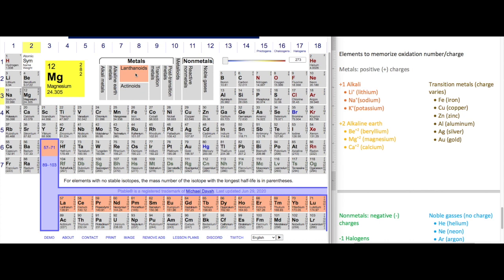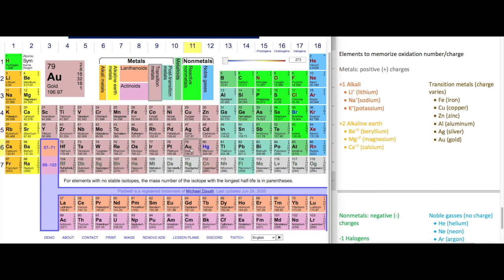You do not need to worry about these that show up at the bottom. Transition metals are in the center, and these that are here labeled post-transition metals, just lump them all together in your mind as transition metals. Those are the metals that you've always known were metals even before you took a chemistry class. Things like iron and copper, zinc, aluminum, silver, and gold.